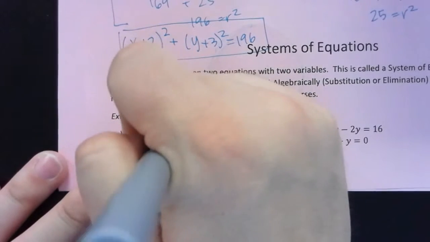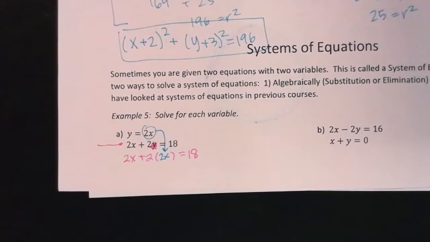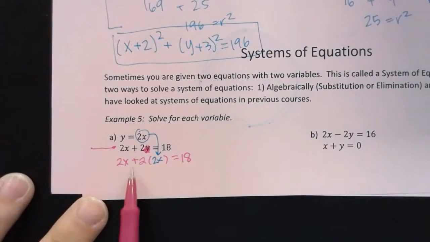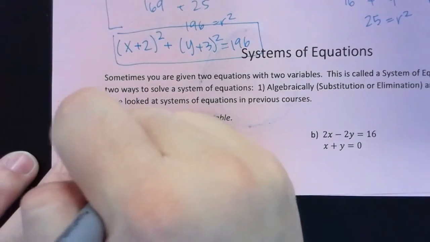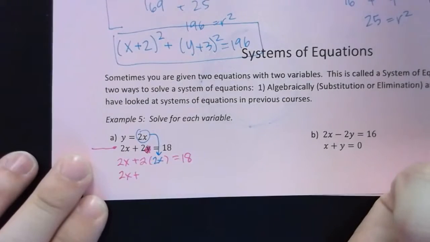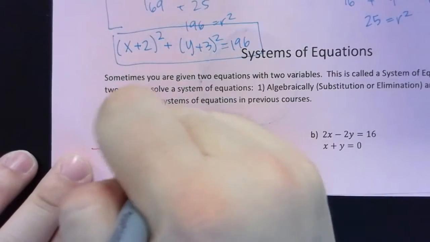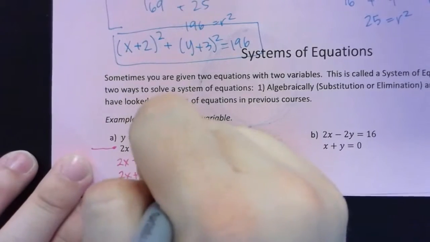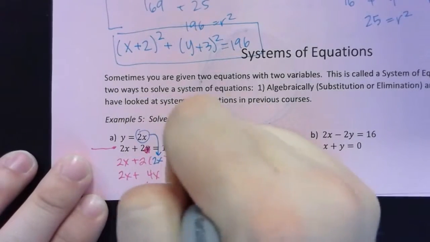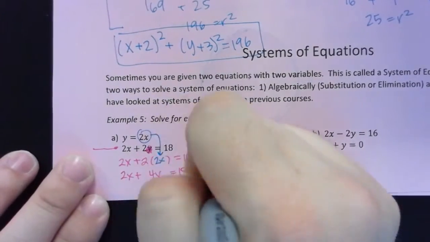This right here goes right there. So now I just have to simplify the left and solve for x. 2x plus, what would that be? 4x equals 18. 6x equals 18. So x equals what? 3. That's my first answer.